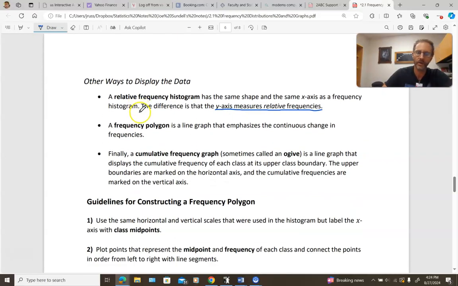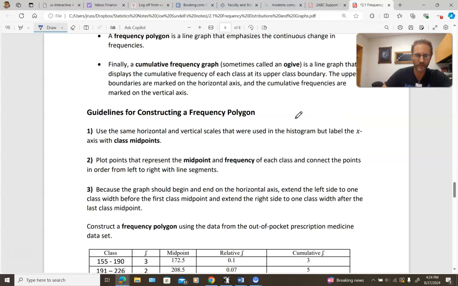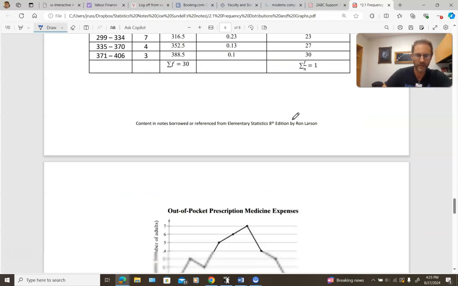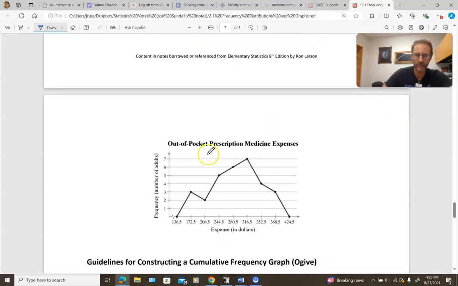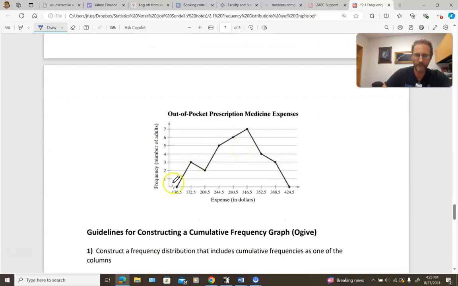And then we have something called a frequency polygon. It's a line graph that emphasizes the continuous change in frequencies. Here's an example of one.